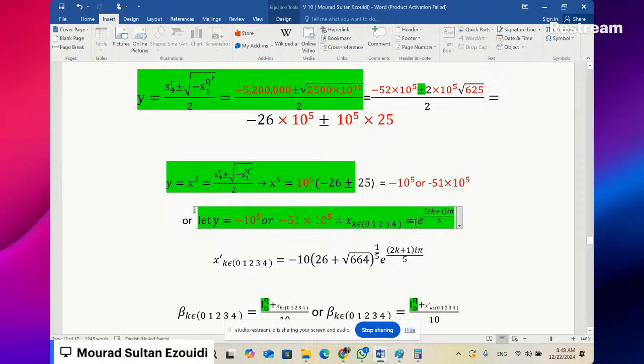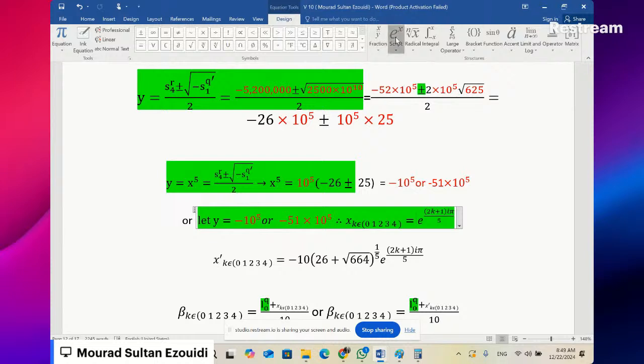I will make here, for instance, let's say a symbol. I will make between parentheses this, negative we take, lower the parentheses, raised to the power 1 over 5.